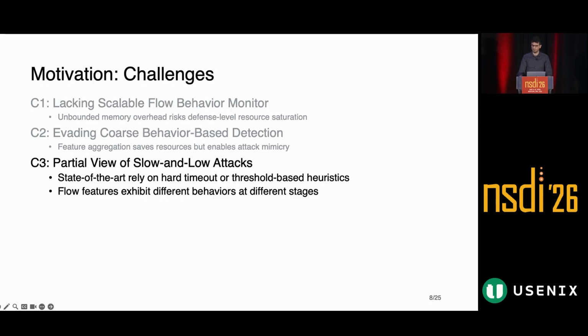Most state-of-the-art systems rely on hard timeouts or threshold-based heuristics, effectively working with a partial observation of the flow, which causes high false positives or low detection rates during the early stage of a flow. This partial observation is even more challenging for slow and low attacks. Simply waiting for completion is infeasible due to the sparse and long duration of activity.